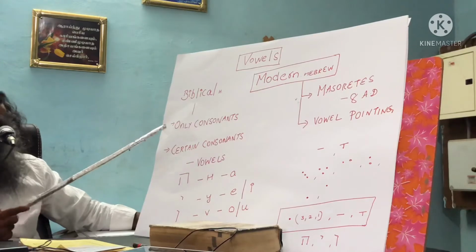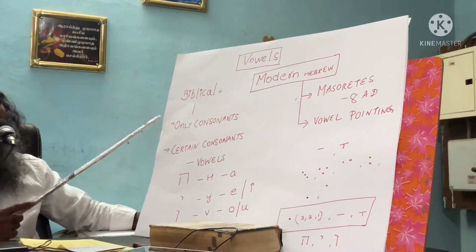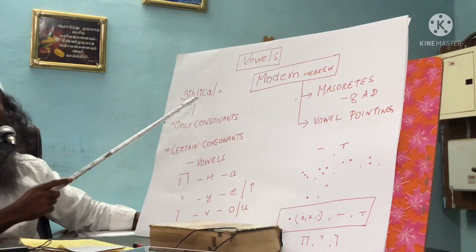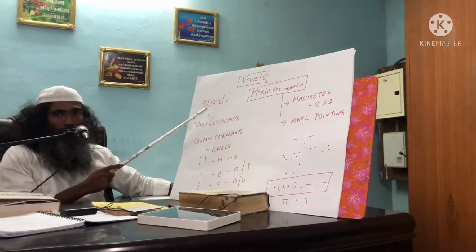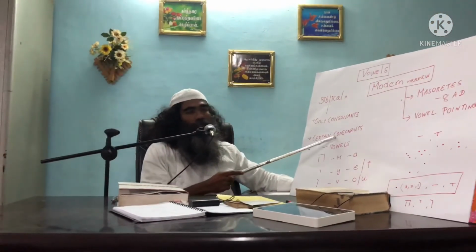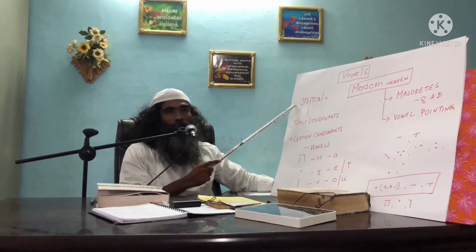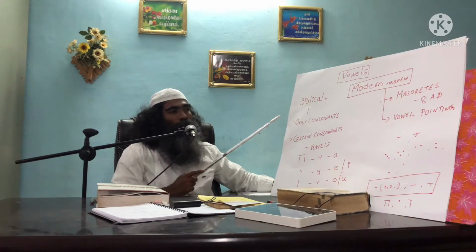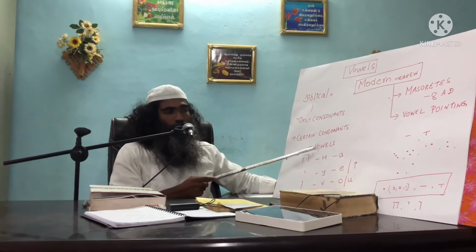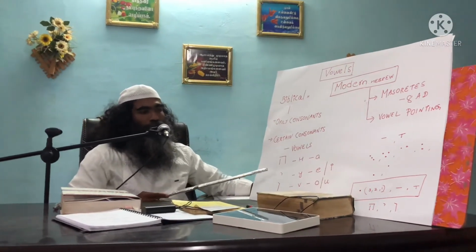Biblical Hebrew has only consonants. There are no vowels in Biblical Hebrew, but certain consonants are used as vowels. They are three.